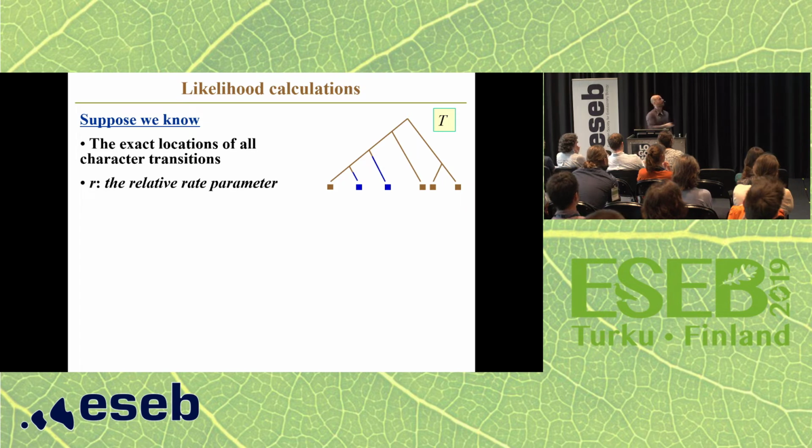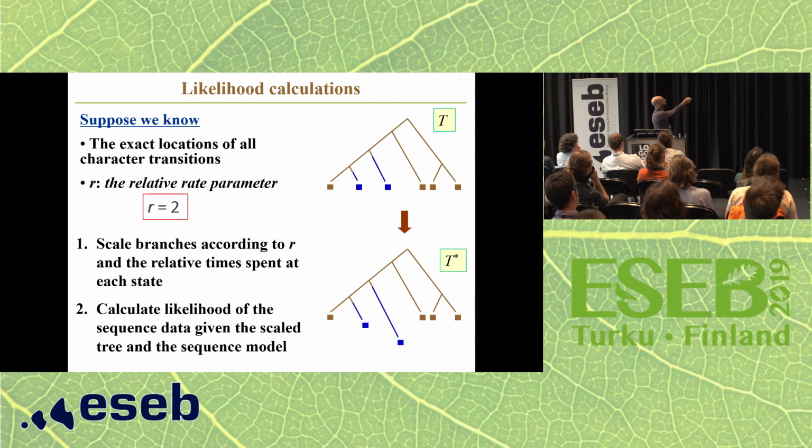Then we can multiply the blue branches by 2, which is the relative rate between the two states. If we multiply the blue branches by 2, we get this new tree. And along this tree, we can calculate the likelihood of the sequence data, again using the standard methods where each position evolves independently.